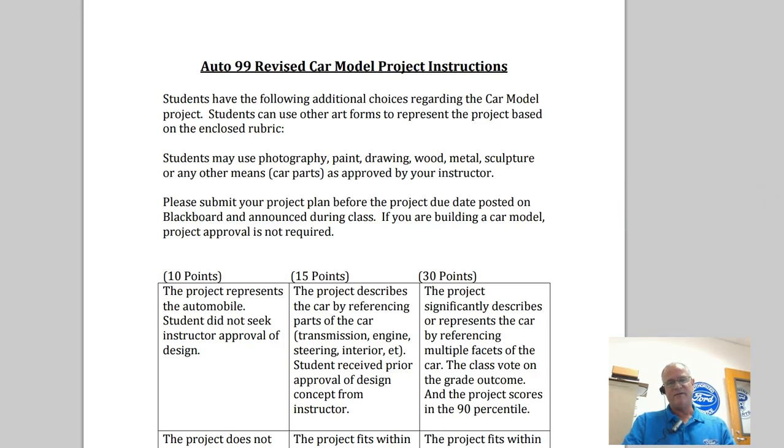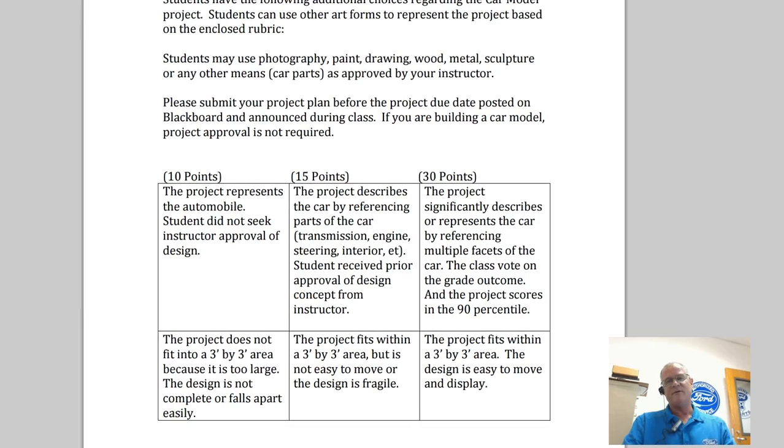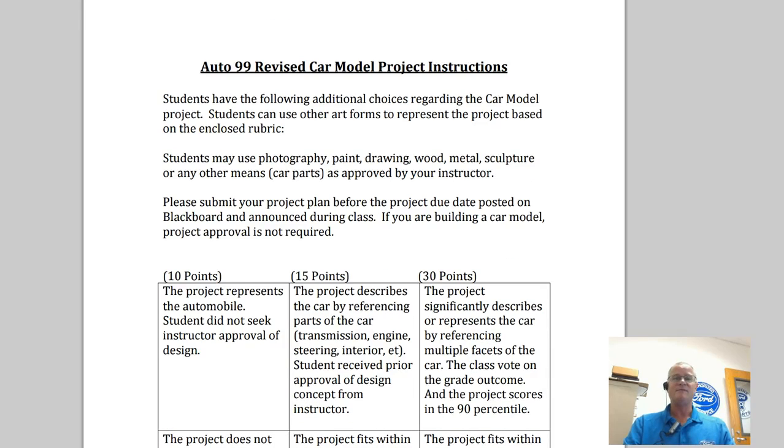And then I've included a very simple rubric for the project that is simple, but I like simple rubrics for simple projects. Even though it's important, it's an artistic project, so I wanted the rubric to be simple.